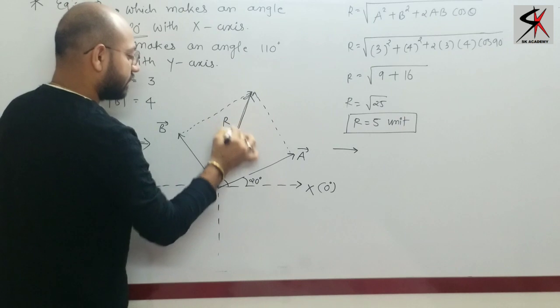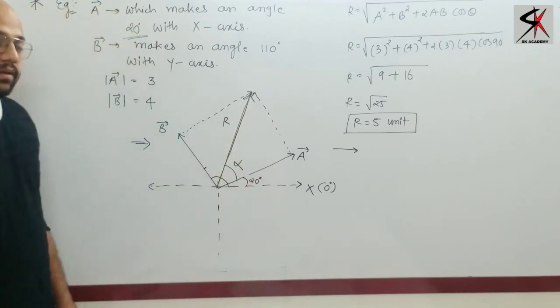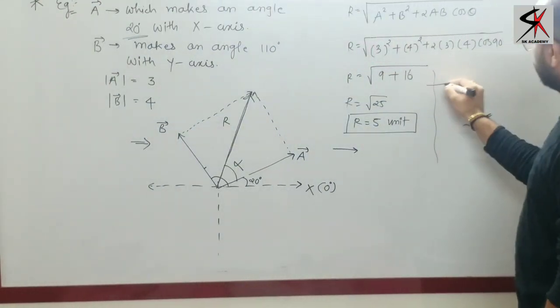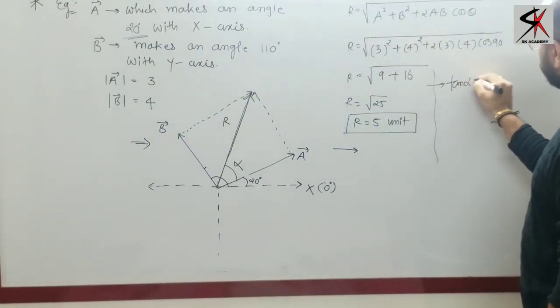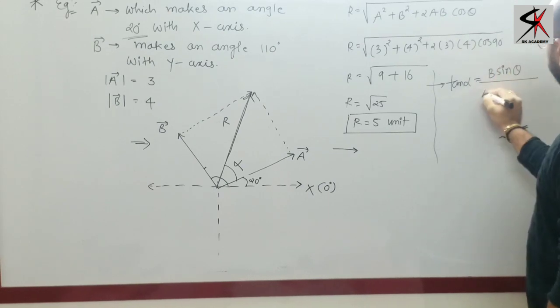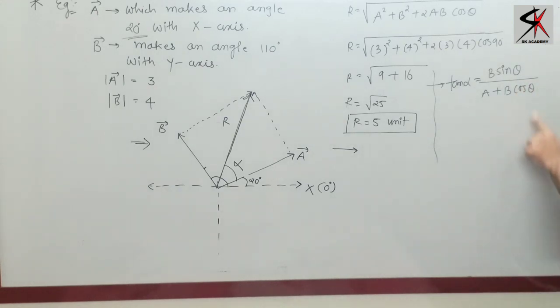If the resultant makes an angle alpha with A, then our equation becomes tan alpha is equal to B sin theta upon A plus B cos theta. What is theta? The angle between A and B.